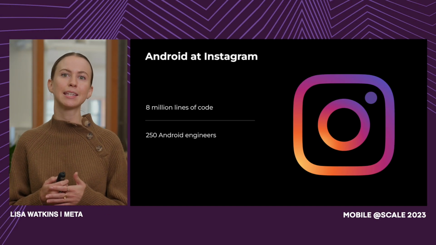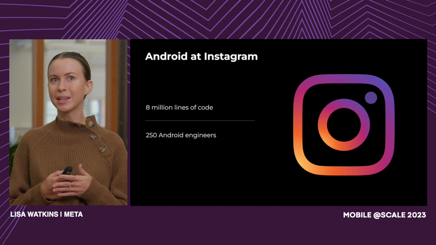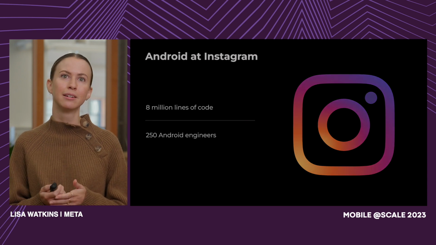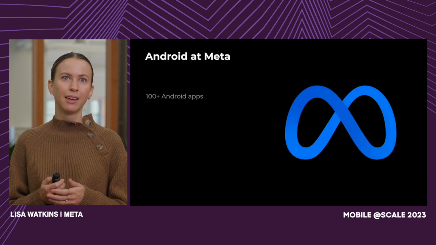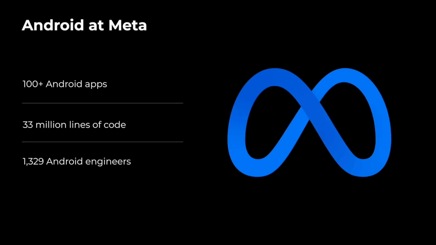Instagram exists in the same repository as many other apps in the Meta family, and these apps include iOS apps, server apps, and other Android apps. To give you an idea of that scale, in our monorepo, we have over 100 Android apps alone.